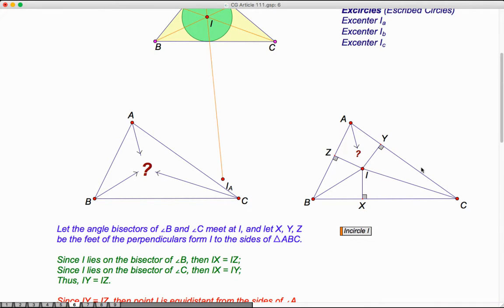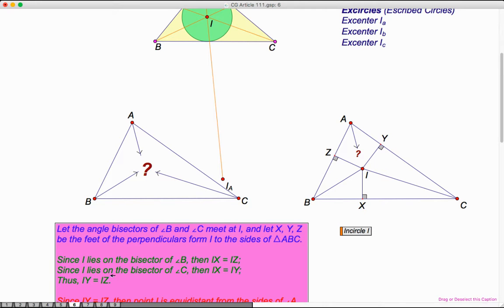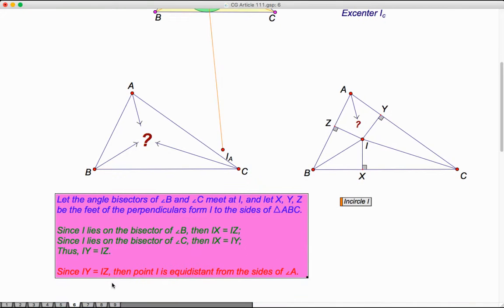I being on the angle bisector of angle C means that IX is equal to IY. Hence we have this result, okay? And therefore, we have no choice but to claim that IY is equal to IZ.